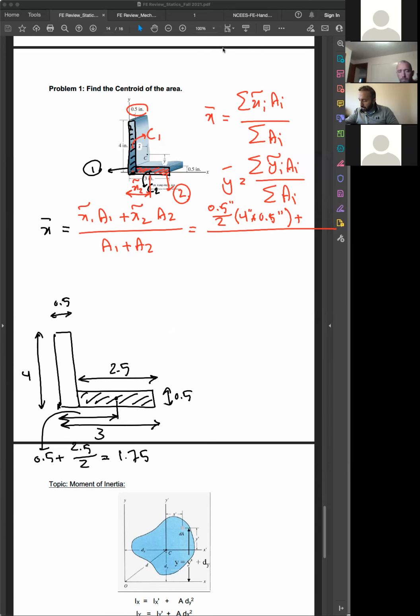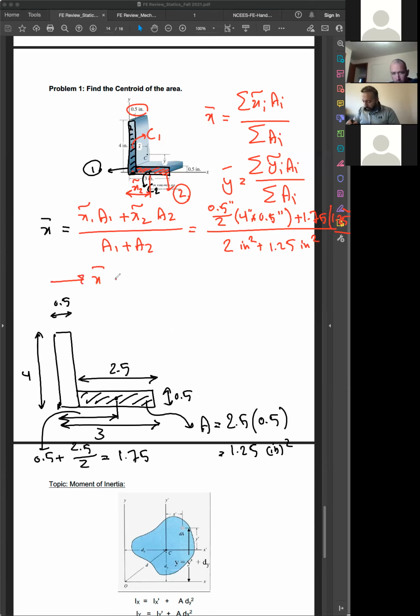Let me just go with the red color. Multiply. And what is the area? The area of this one is 2.5 times half, which would be 1.25 square inches. Over the areas, which would be 4 times half for this one, 2 square inches, plus 1.25 square inches.